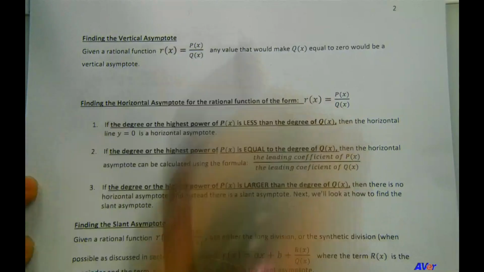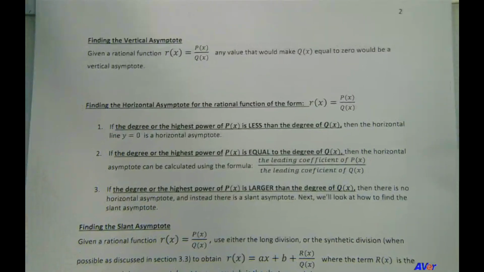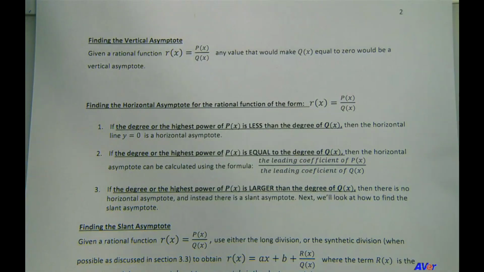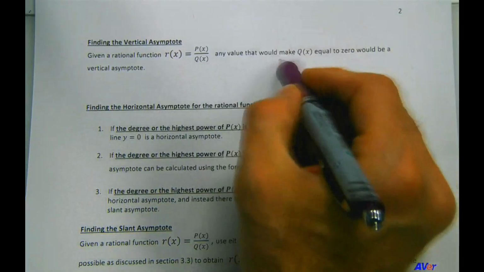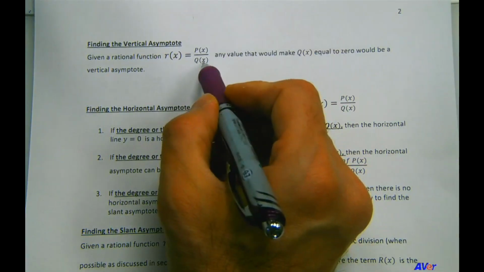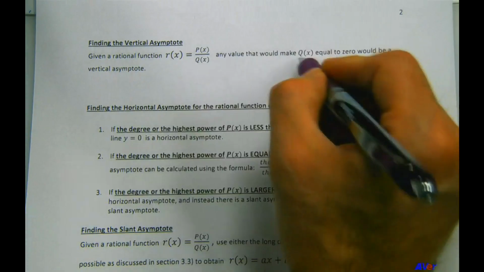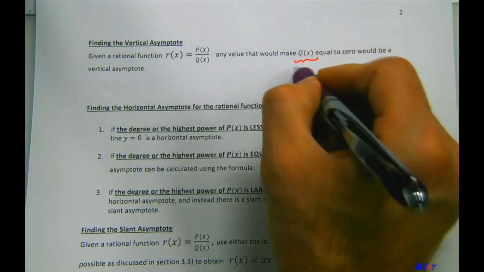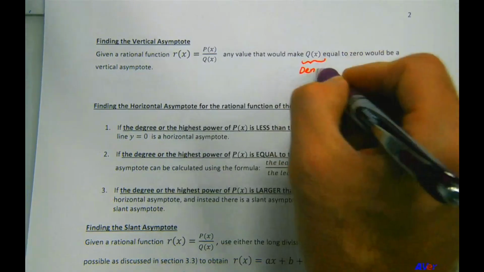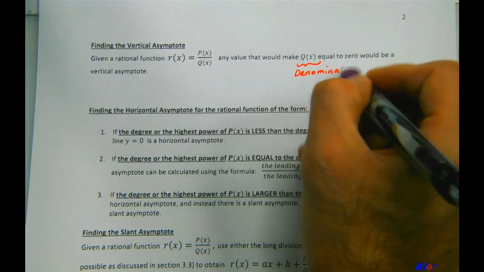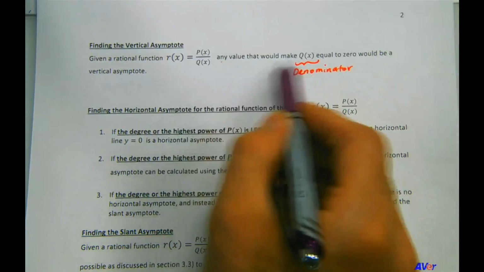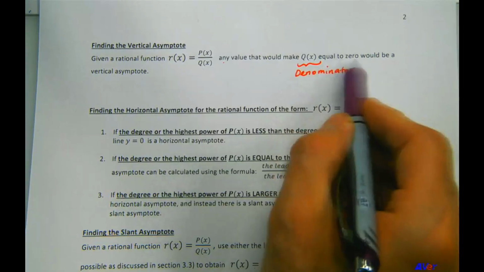So finding the vertical asymptote, that's the easiest one to find. Given a rational function like this, let me make this clear: q of x is the denominator. Any value that would make the denominator equal to 0 would be a vertical asymptote.